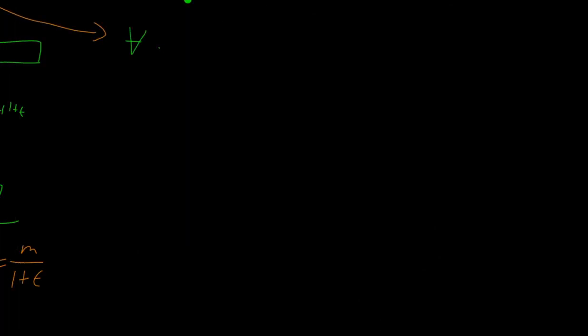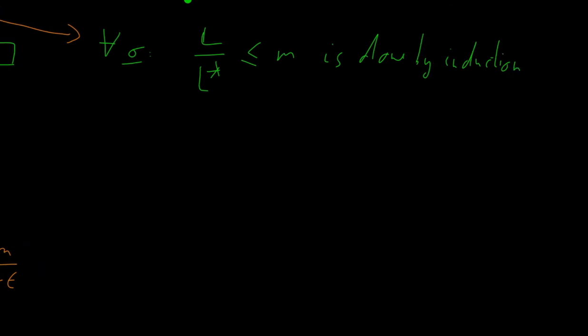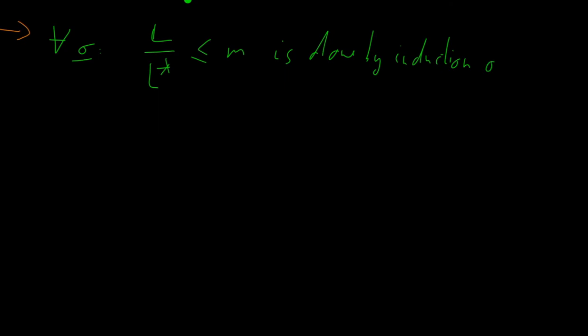So for each sigma we will have that L divided by L star is at most m, and this is done by induction on i, on the number of jobs.